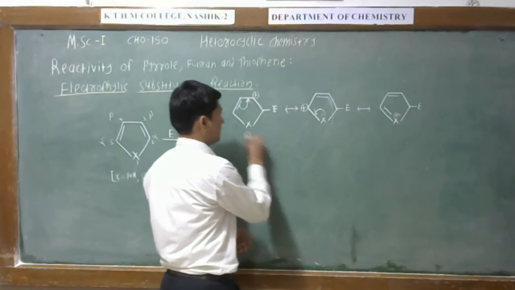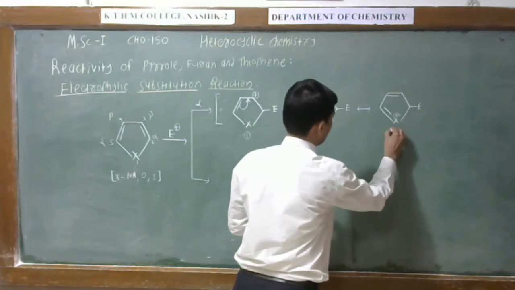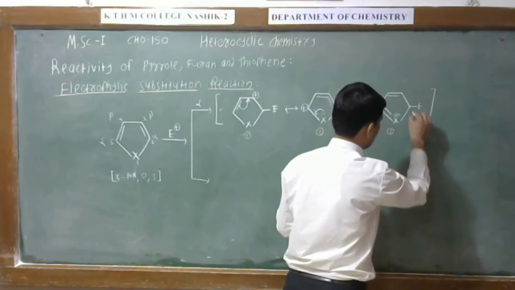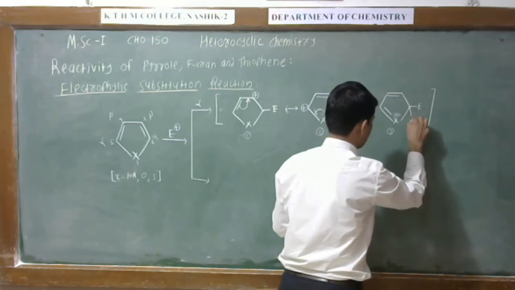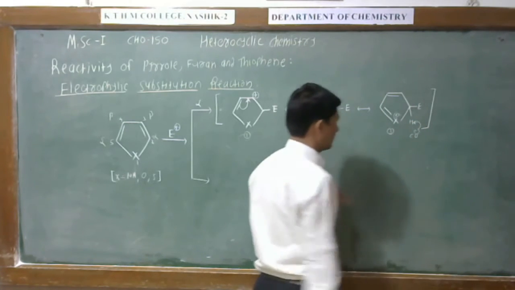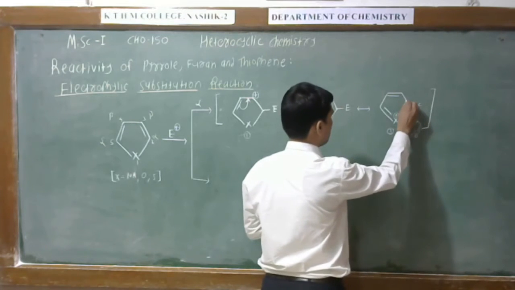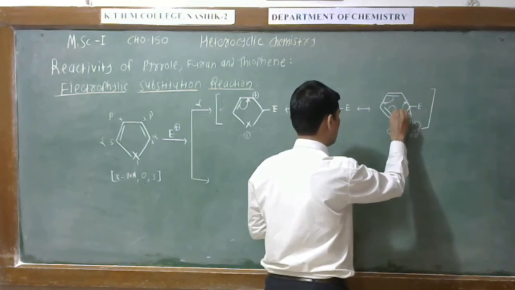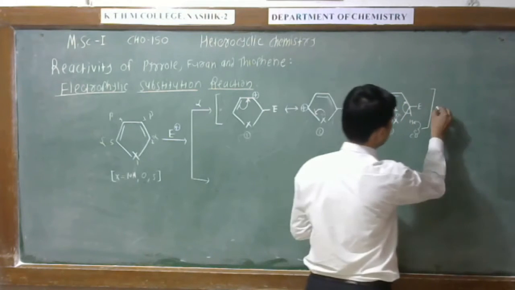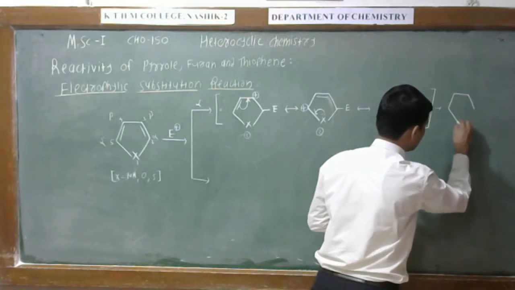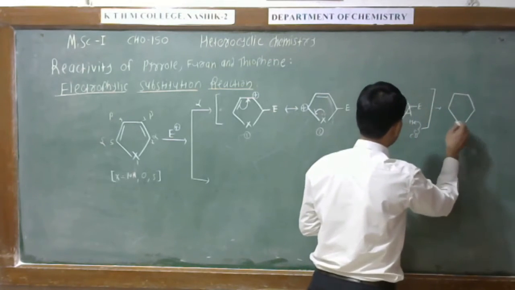See, this is structure 1, 2, and this is 3, but we can see here the conjugate base. The conjugate base can take this hydrogen, this bond shifts here, this bond shifts here, and this bond opens and neutralizes the positive charge, and finally we get the substituted compound.